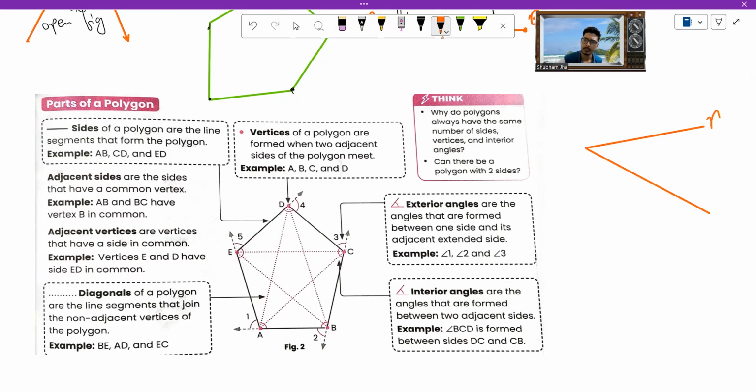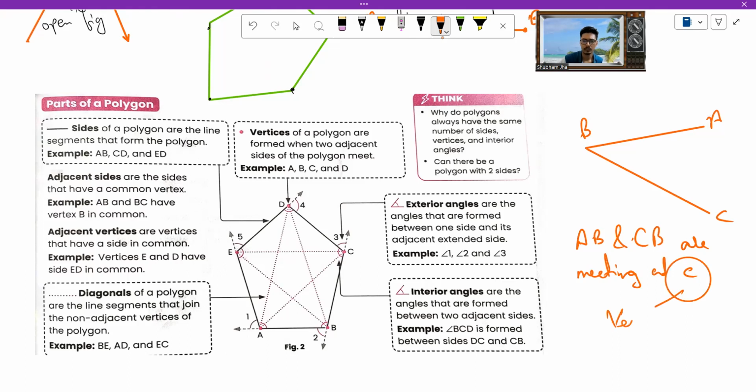And this is line segment AC and BC. Here AC and BC are meeting at C. Therefore, C will be the vertex. Correct?